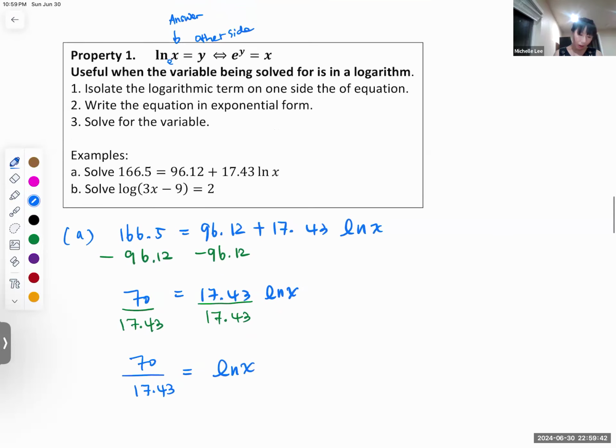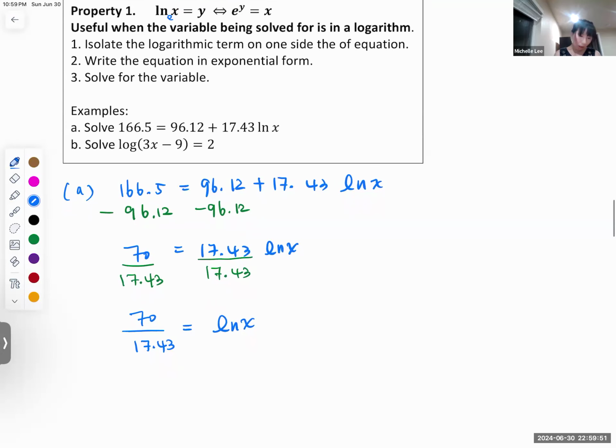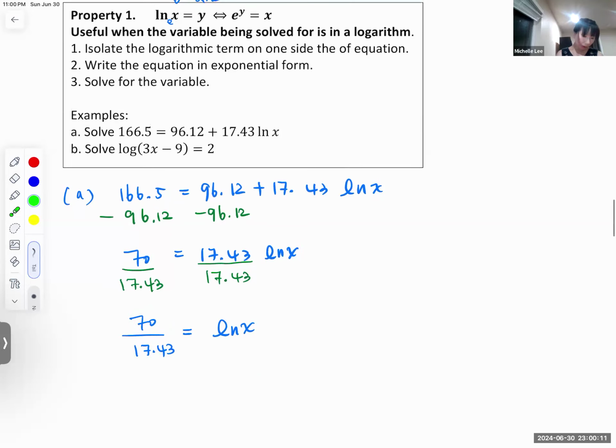Okay, now if we have natural log of x equal to y, this is y, right? Then we can use e to the y equal to x. All right, so I am using this property.